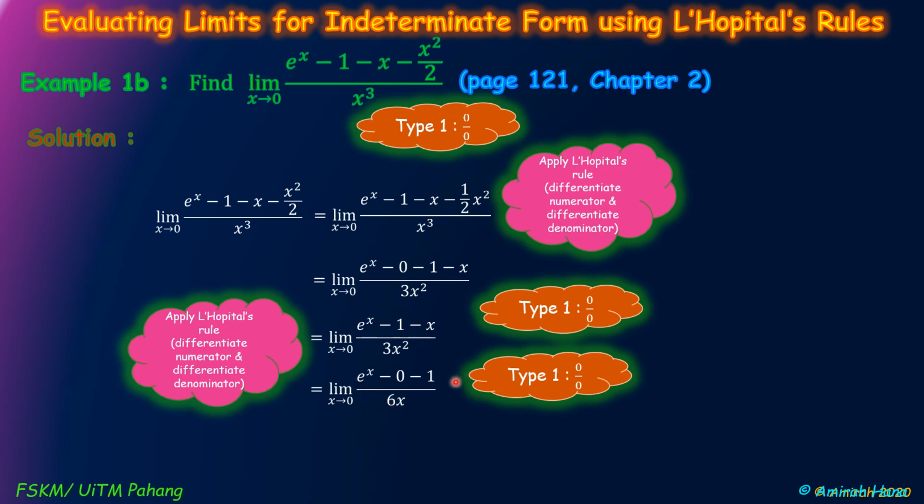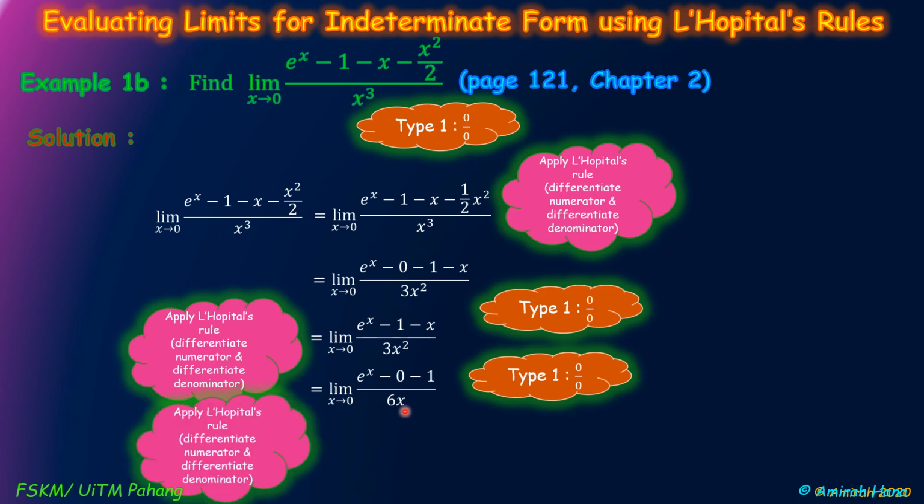We still have 0 over 0, because e to the power of 0 is 1, 1 minus 1 is 0, and the denominator also 0. So again, we repeat L'Hopital's rule. We differentiate e to the x, which is e to the x, and differentiating 1 gives 0, no need to write. Differentiating the denominator 6x, we have 6 here.